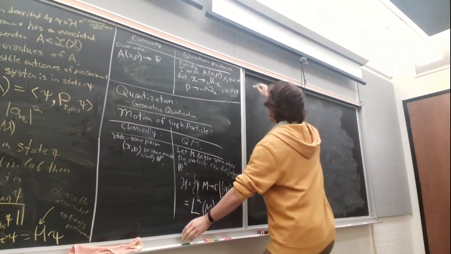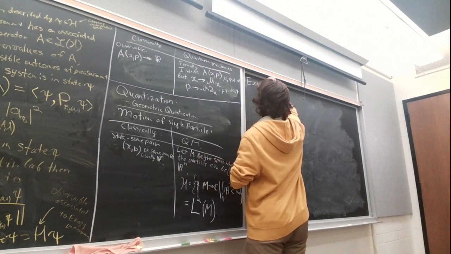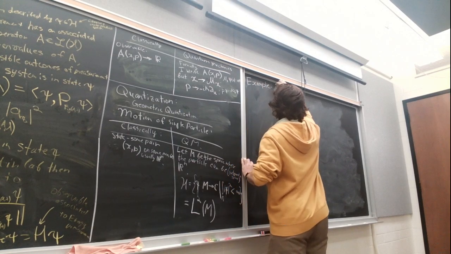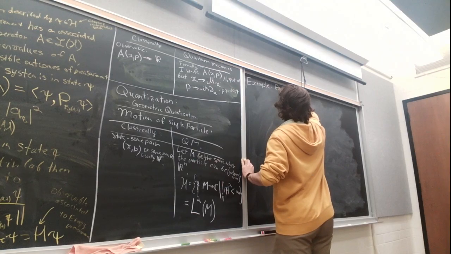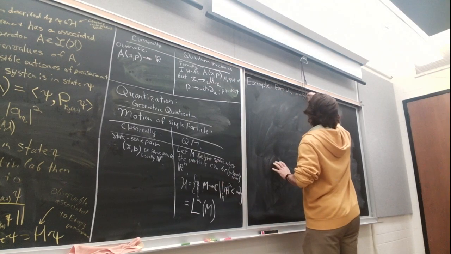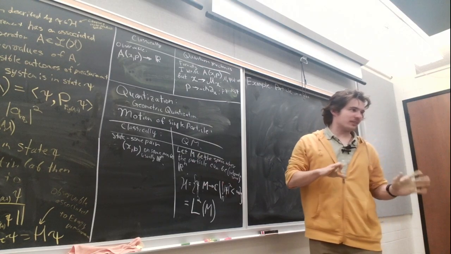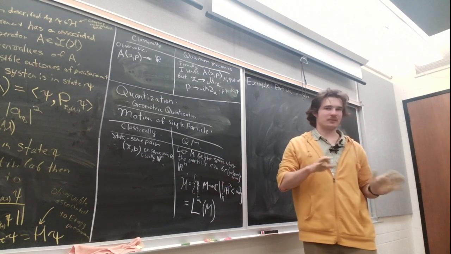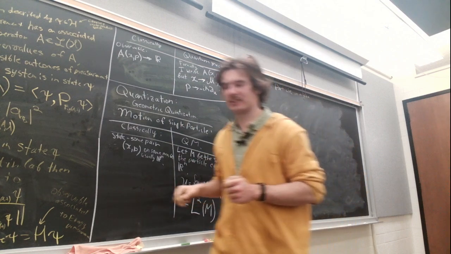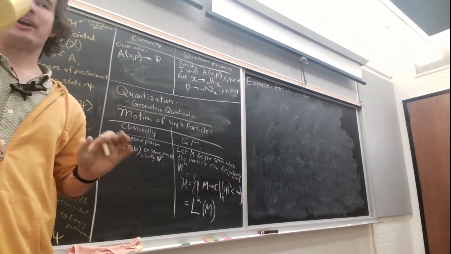Example, finally. Let's go. Example is particle in a box. And this is precisely the tutorial bonus question from a while ago, from Math 240. I've already discussed this example in my office hour.